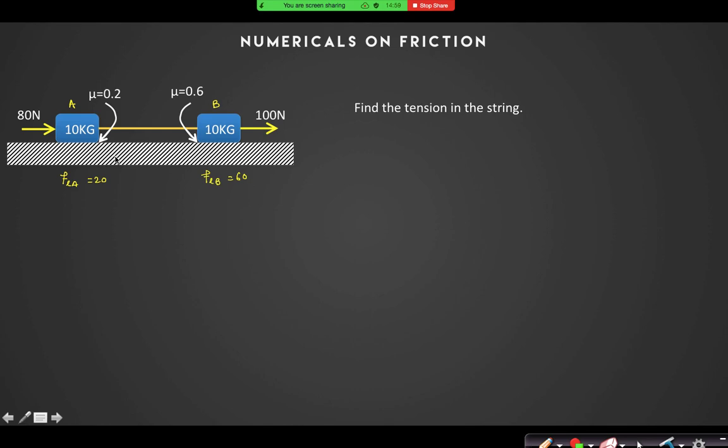So definitely the blocks can move. Now whenever they move, you need to check two cases: what is the minimum value of tension possible? The minimum value of tension can be 0, and tension is not equal to 0. If tension is not equal to 0, then they will move together, yes or no?